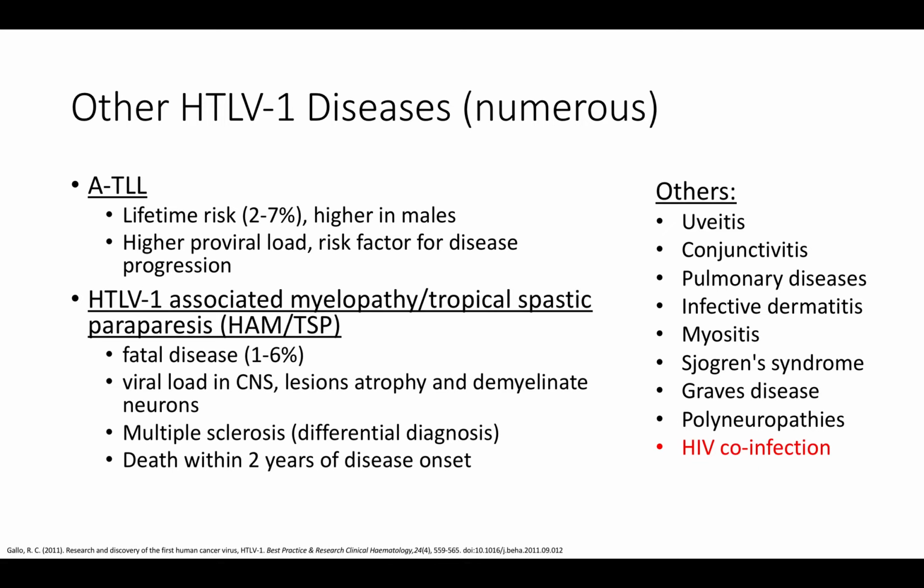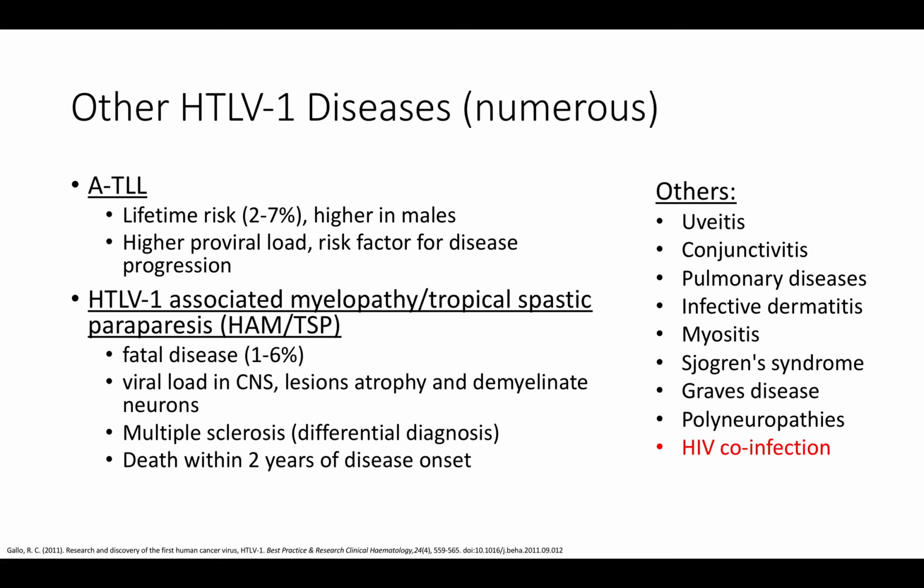The other major disease that is caused by HTLV1 is a myelopathy called HAM/TSP. And this has a very common differential diagnosis of multiple sclerosis, MS. It happens in about 1 to 6% of those infected with HTLV1. But unfortunately, it's just like MS. It's a progressively fatal disease, and most people end up dying within 2 years from the onset of the myelopathy.